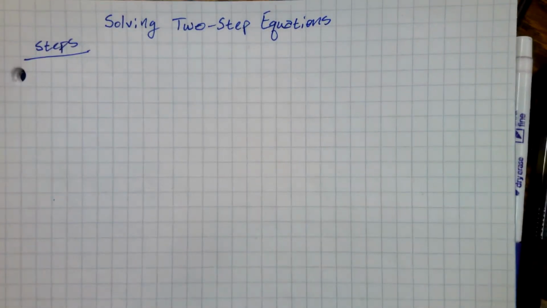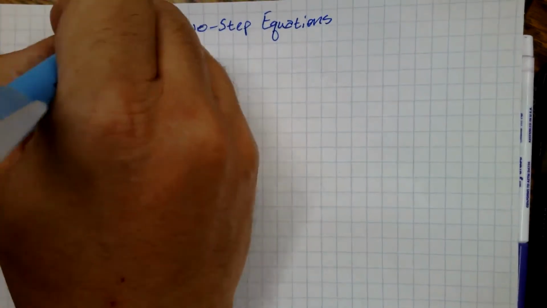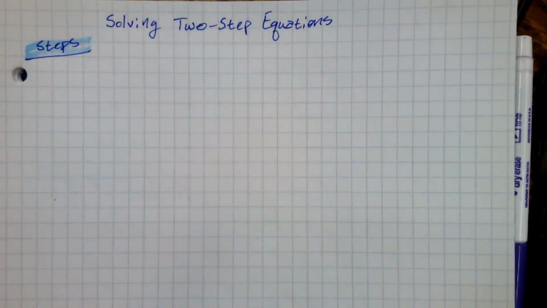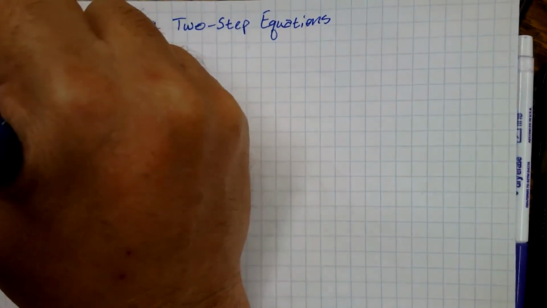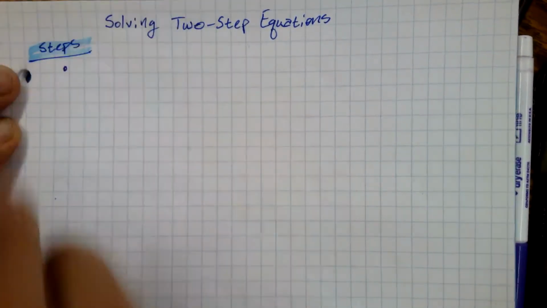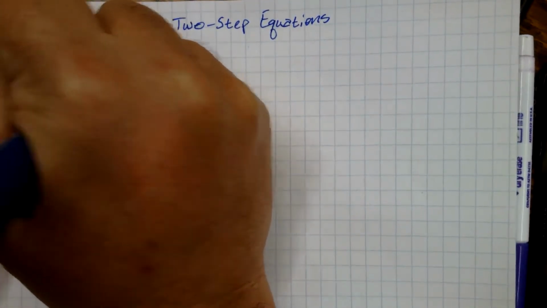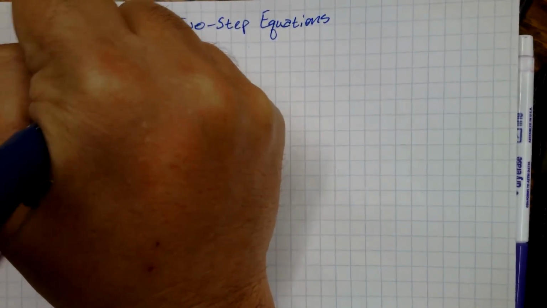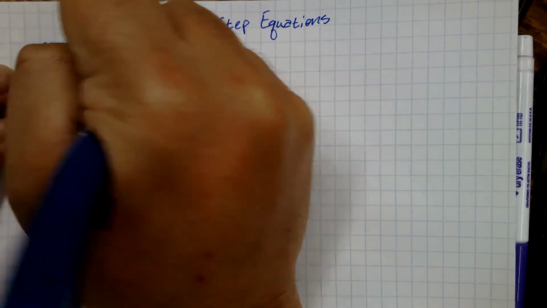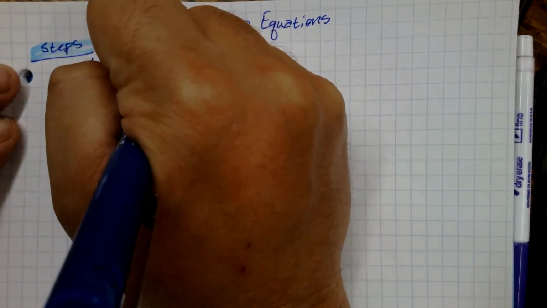And guess how many steps there are? 2. Kind of convenient since it's called a two-step equation. Okay, step number 1, and it has to be in this order. We add or subtract, it depends on the equation.